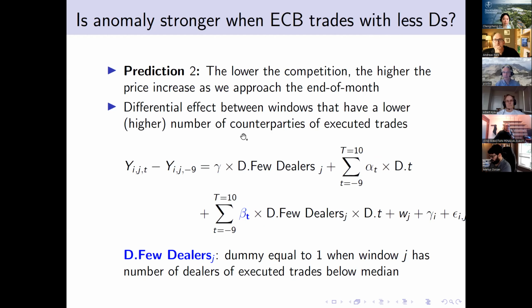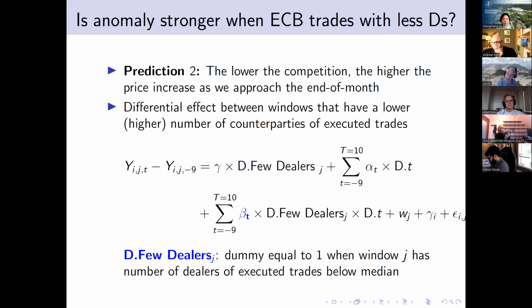Then we want to see whether this notion of how competitive it is, or how many dealers are quoting, has an impact on that pattern. So we split the month windows into windows in which the ECB is trading with more dealers, and windows where the ECB is trading with fewer dealers. The idea being, if there's fewer dealers quoting, they will do most of their trades with the same dealers.